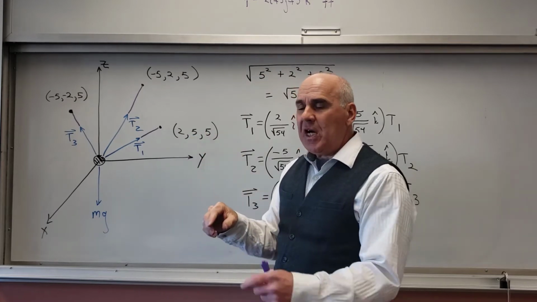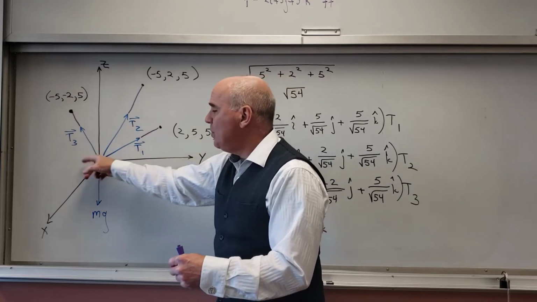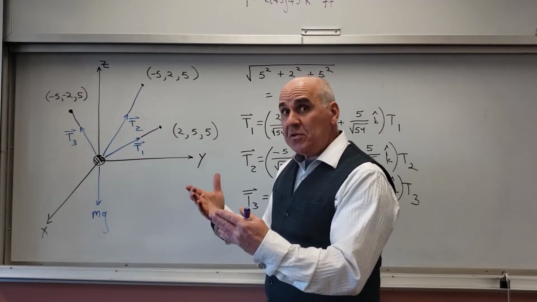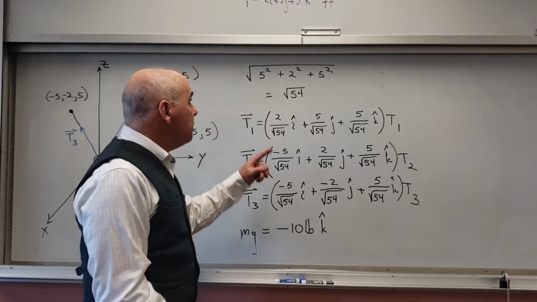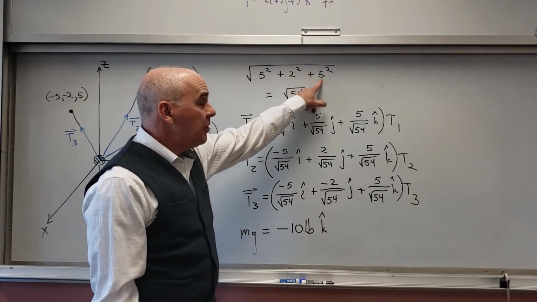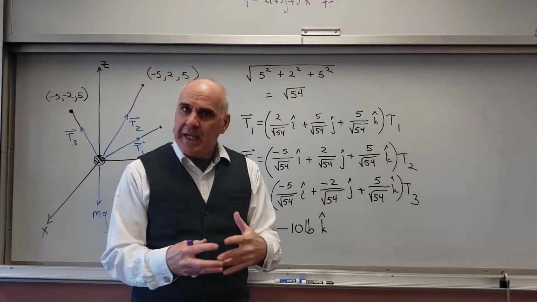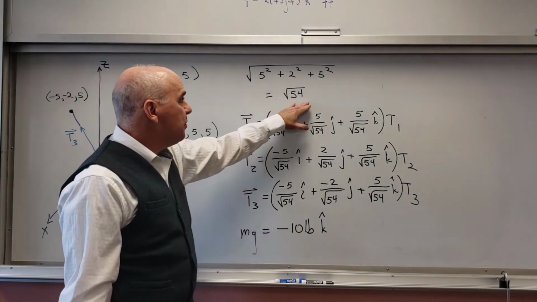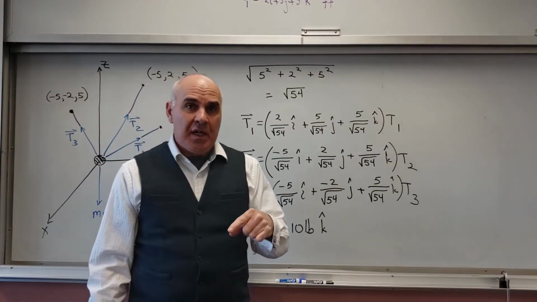So when I go to find the lengths of these strings or ropes or cables, they're all going to have a square root of 5 squared plus 2 squared plus 5 squared. It might be -5 or -2, but you're squaring it, so that goes away. And so the square root of 54 is the length of any of these cables.